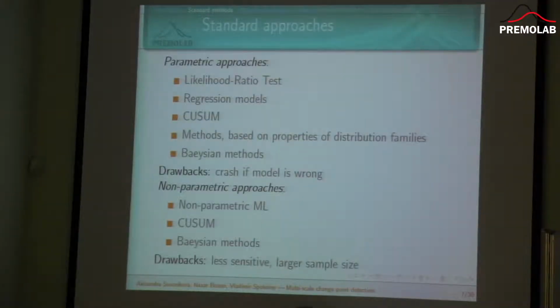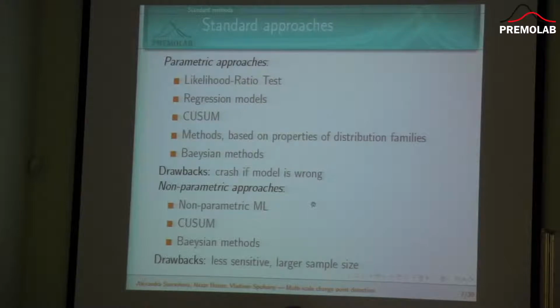As the topic is quite popular, there are a lot of standard methods that solve this problem. They can be classified as parametric and non-parametric approaches. In parametric models, we make preliminary assumptions about the nature of the observed data, and in non-parametric approaches, we have no such assumptions.